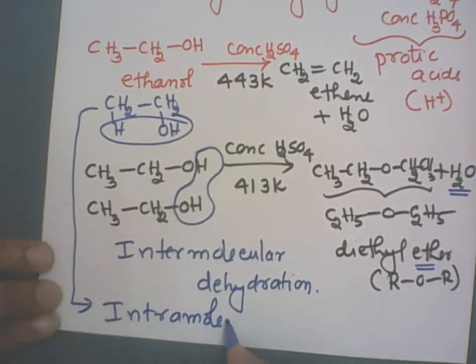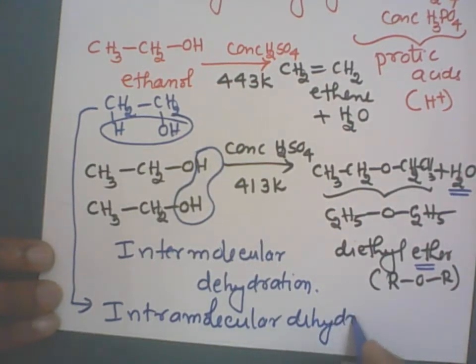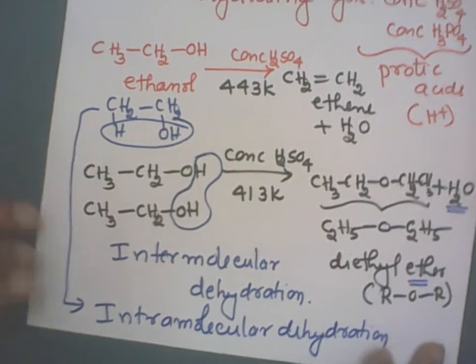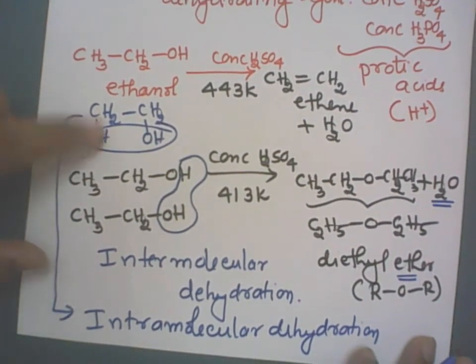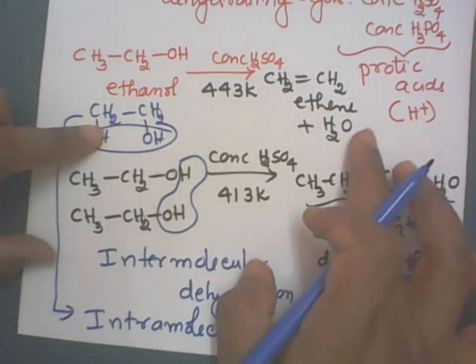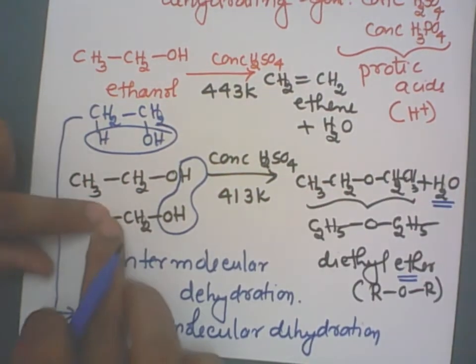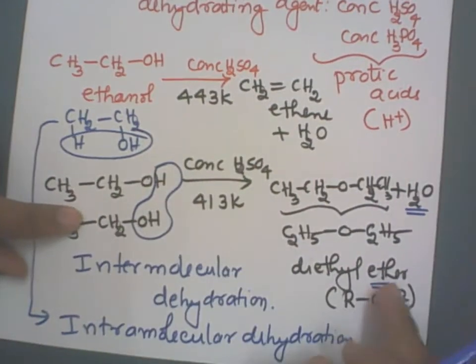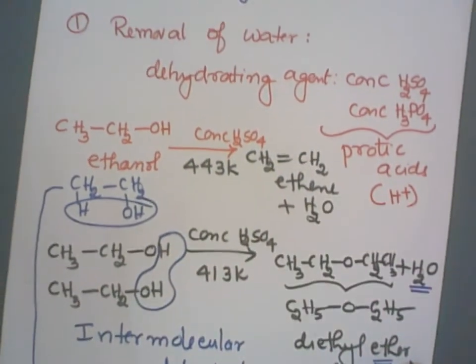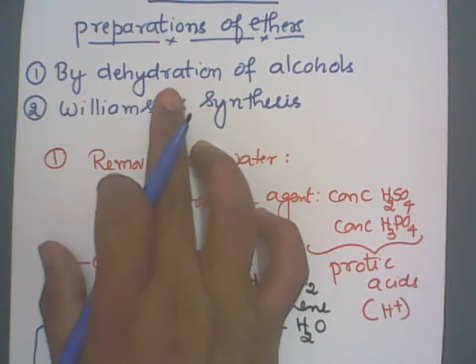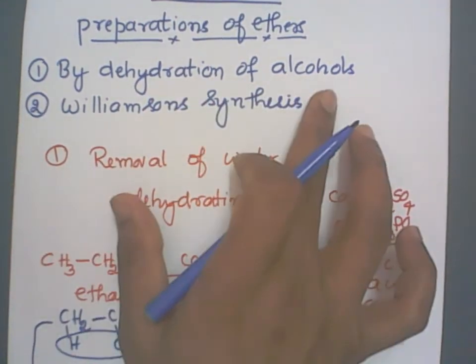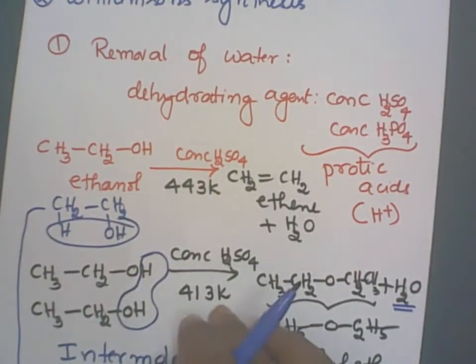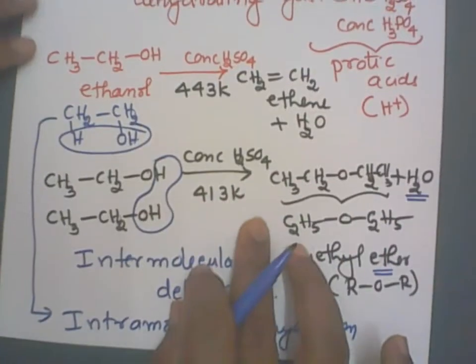In case of alcohols, intramolecular dehydration gives alkene as the product. In case of alcohols, intermolecular dehydration gives ether as the product. Clear? So this is the first method using dehydration of alcohols, but it depends on the temperatures.